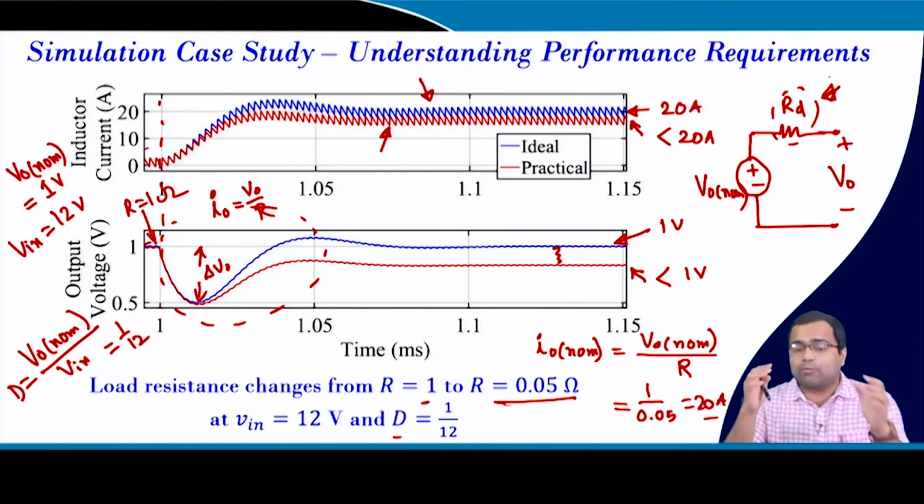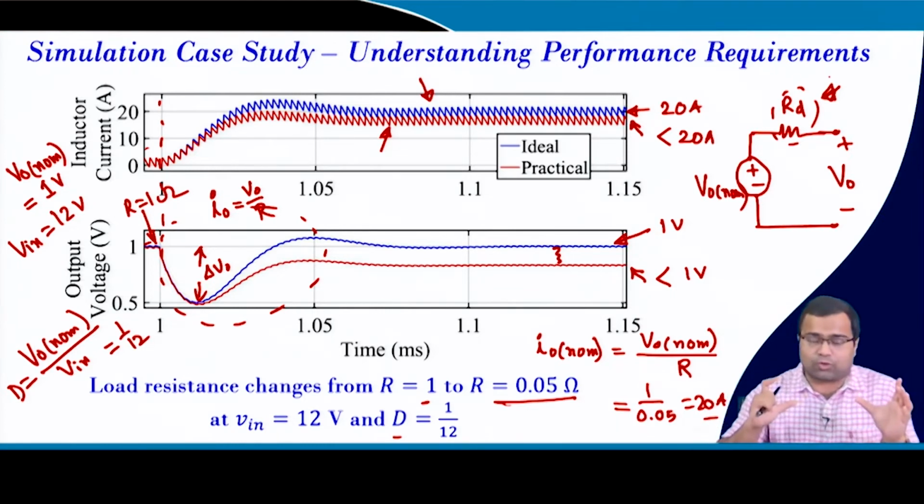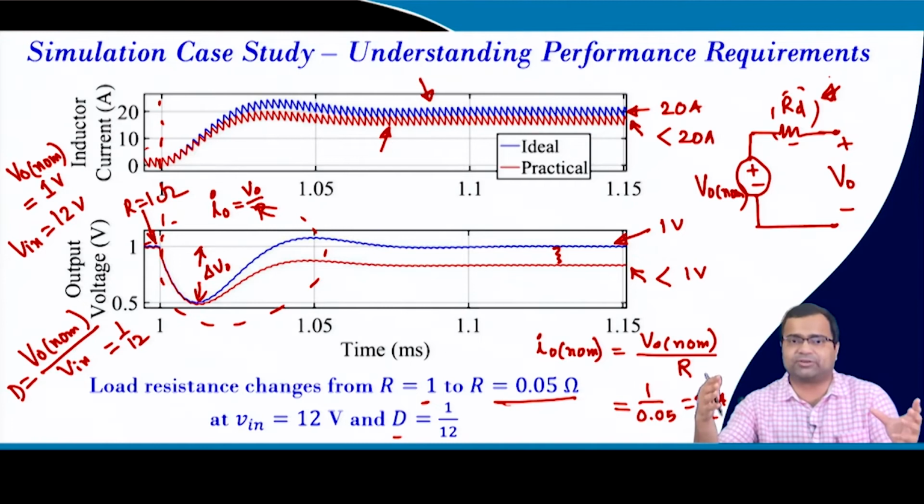That means we need to generate the output voltage of the DC-DC converter in such a way that, let us say the converter is rated for a nominal current of 20 ampere, if you draw from 10 milliampere or 100 milliampere to 20 ampere, throughout the current range the voltage should be nearly 1 volt, that means almost constant. That can be achieved by closed loop control, and we will see it soon in the subsequent lecture.